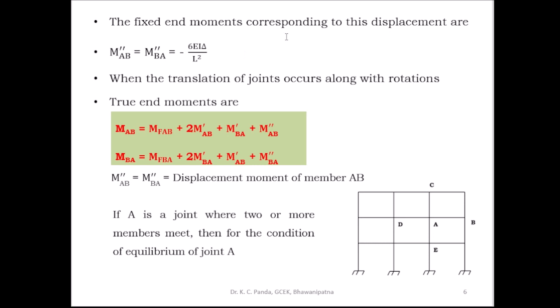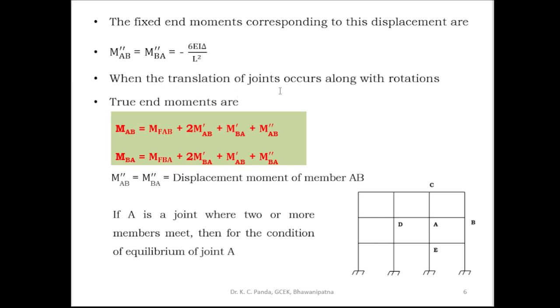The fixed end moments corresponding to the displacements are M double dash AB equal to M double dash BA equal to minus 6EI delta by L square.